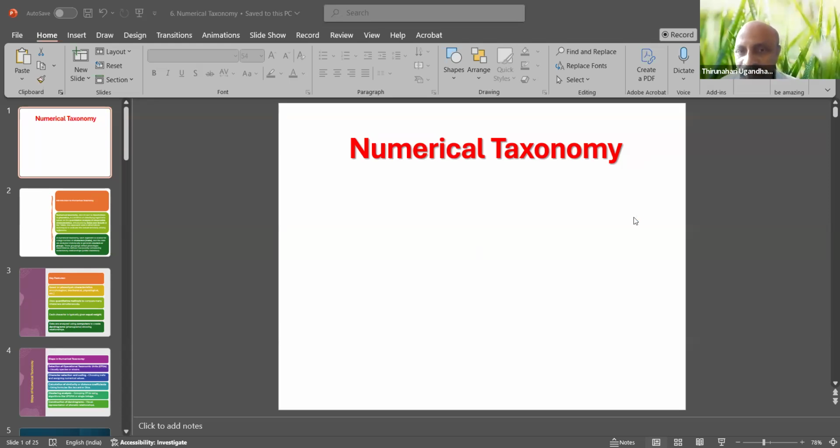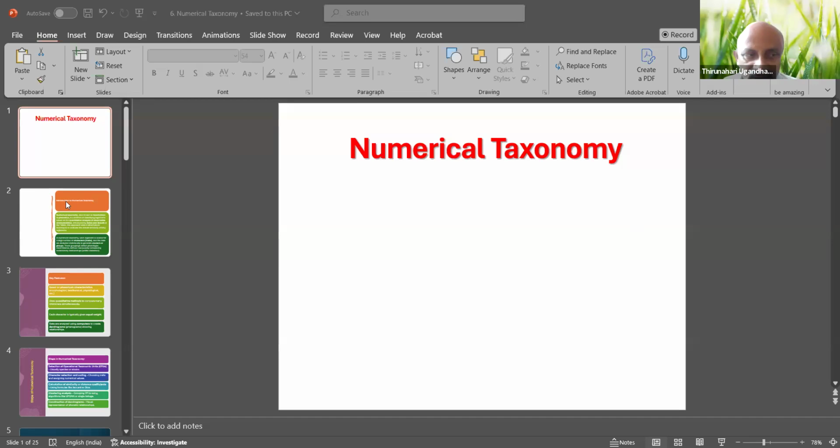So numerical means the number of flowers, the number of sepals and petals. Number plays a major, important role in plant taxonomy. That is called numerical taxonomy.